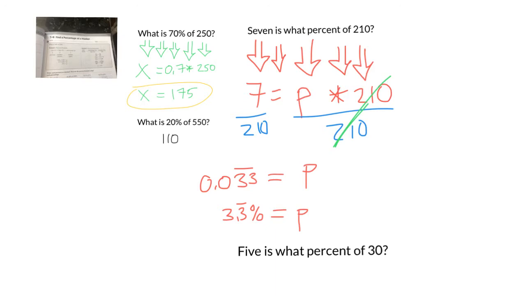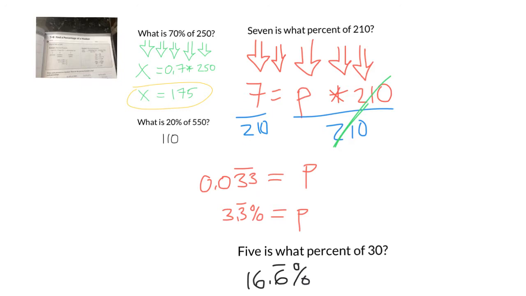So the answer to that one is 16.6 repeating, and we should be thorough and write the percent symbol. So that's the answer to that one. If you're not sure how I got that, refer to the work above.